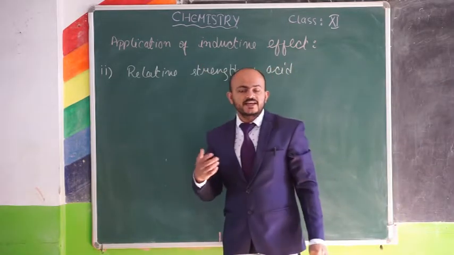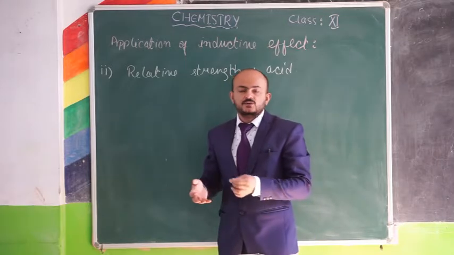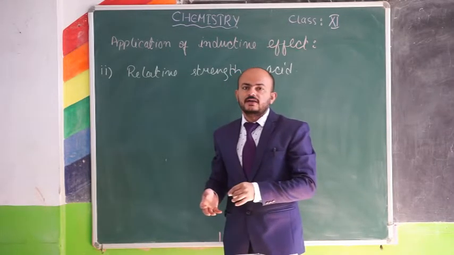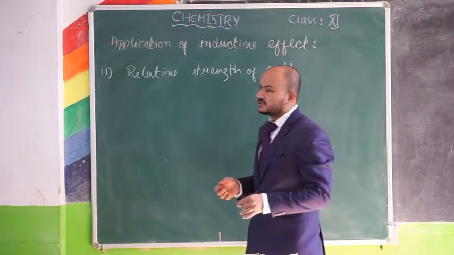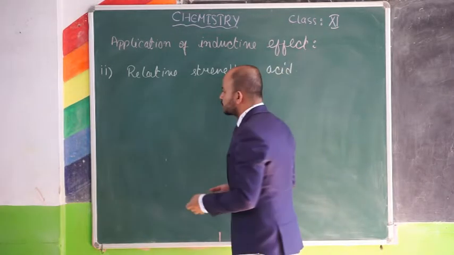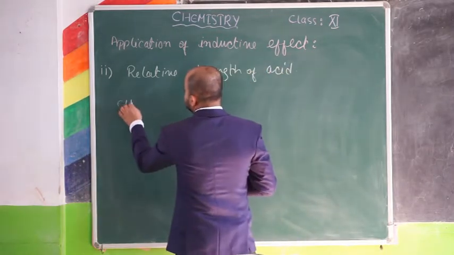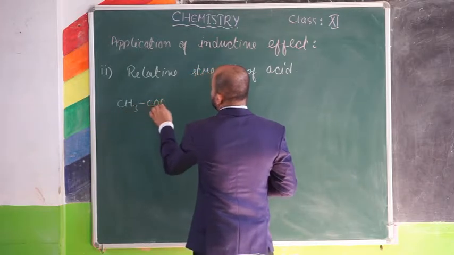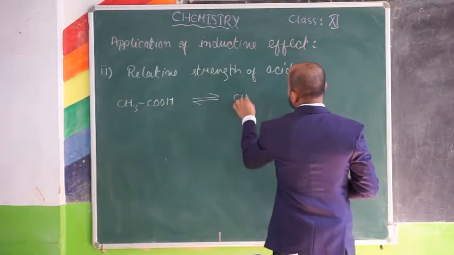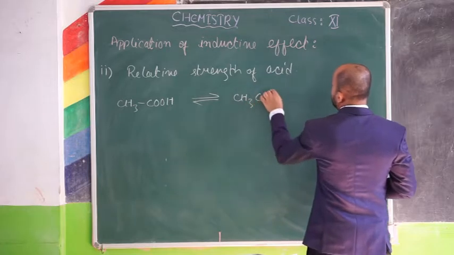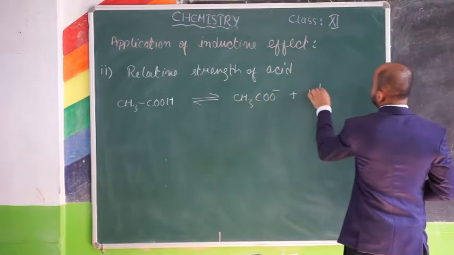Inductive effect can also explain which acids are going to be stronger and which acids are going to be weaker than the other acids. So let's take an example. Suppose you have acetic acid, CH3COOH. Whenever this dissociates, it gives us CH3COO minus plus H plus ion.